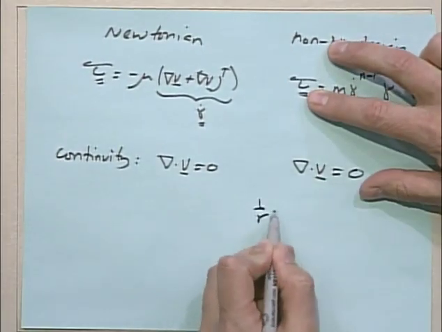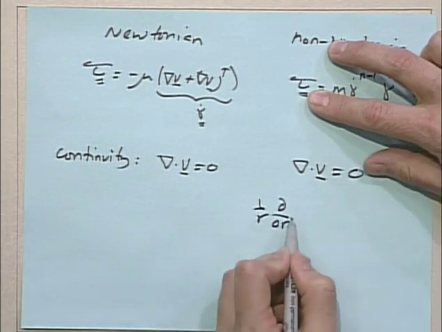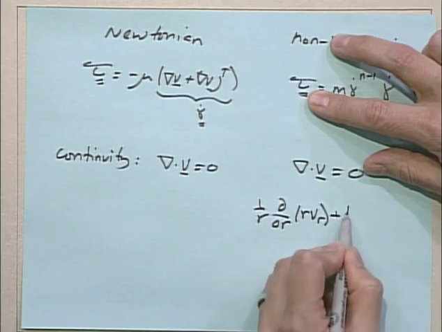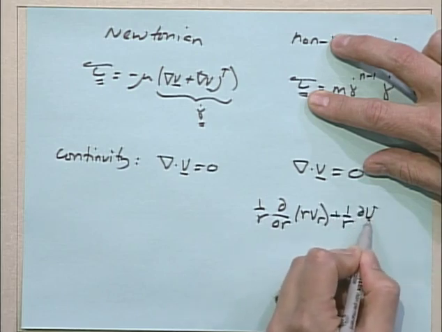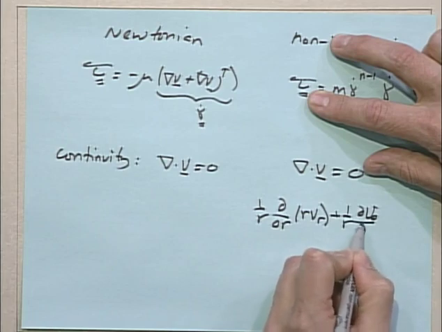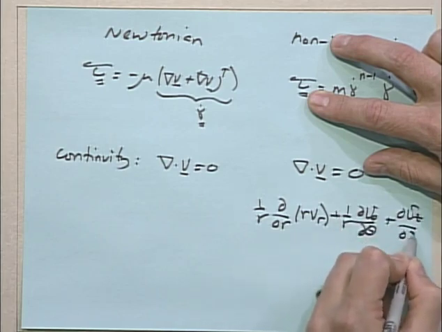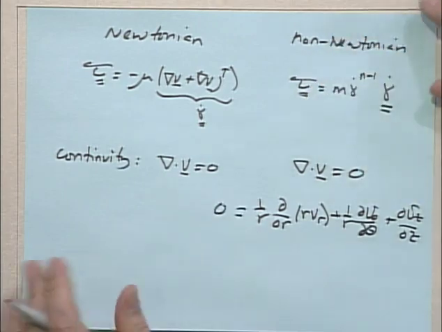It's 1 over r d by dr of r Vr, plus 1 over r d V theta d theta, plus dVz dz equals 0.